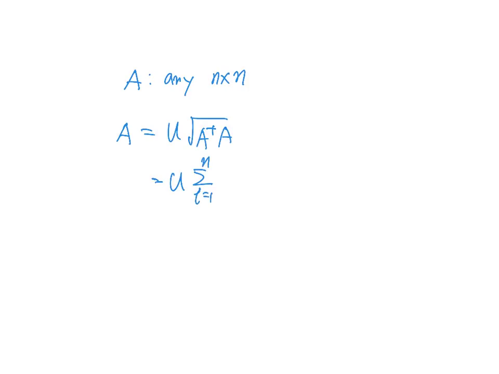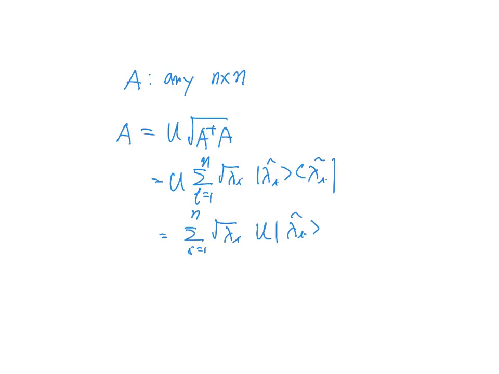So for any A, now we know that A can be written as U square root of A dagger A, and U, so something pseudo similar.